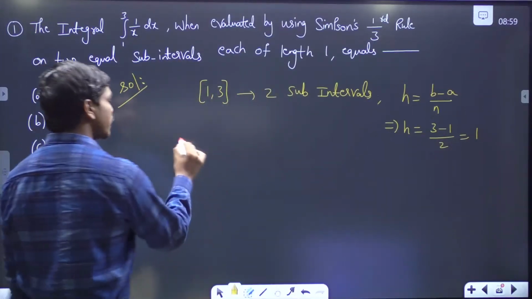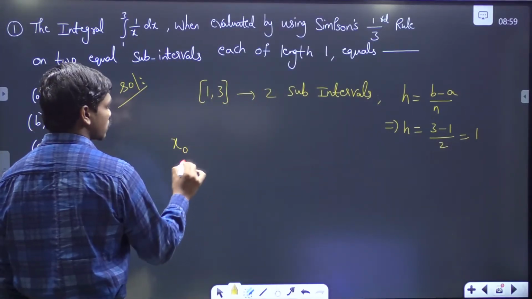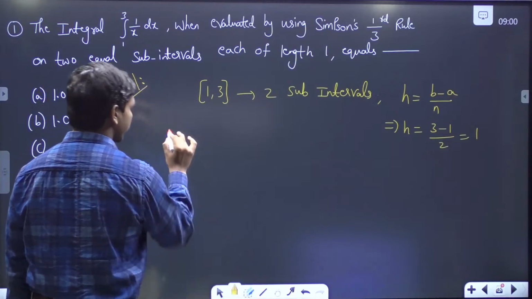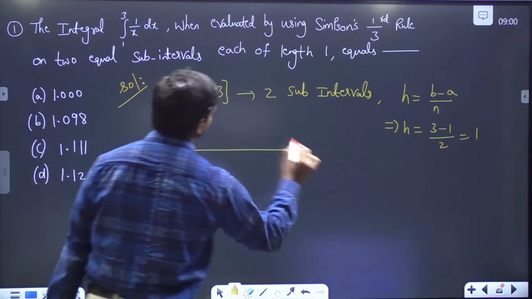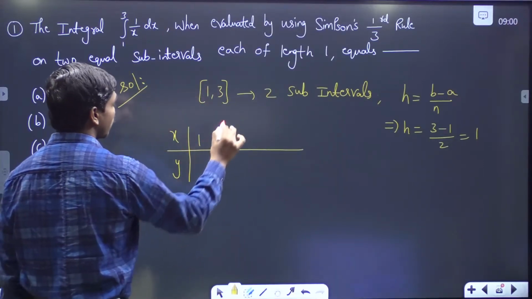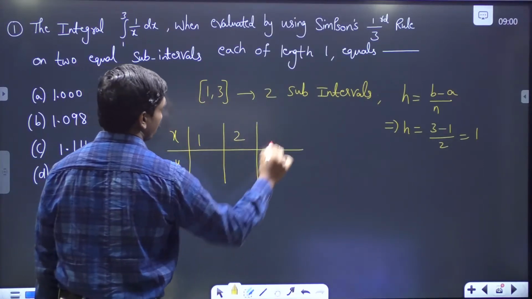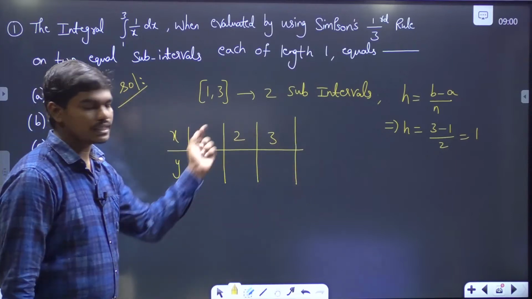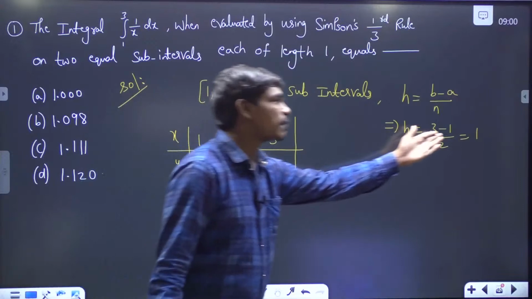So let us write this x and y. Initial x0 value is 1. So for 1, next 2, and then 3. This is how we are splitting this interval 1 to 3 into two subintervals because we got a step size of 1.